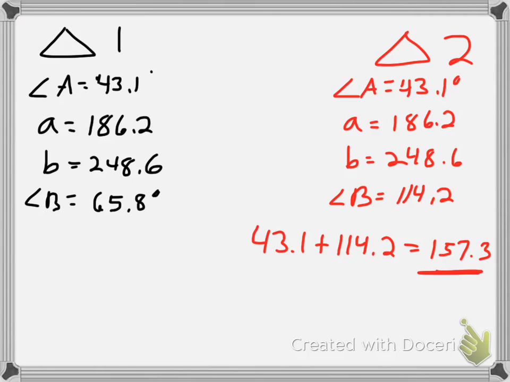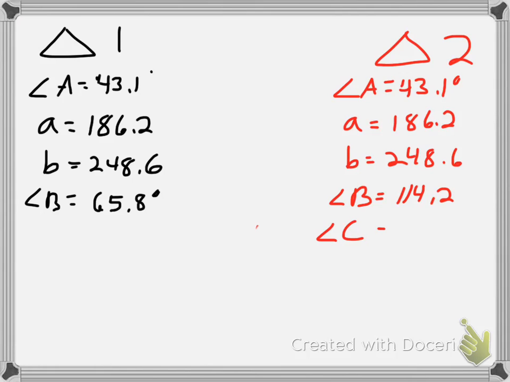Which means I need to figure out the remaining sides. So, if I have a total of 157.3, that means my last remaining angle for my second triangle is about 22.7 degrees.